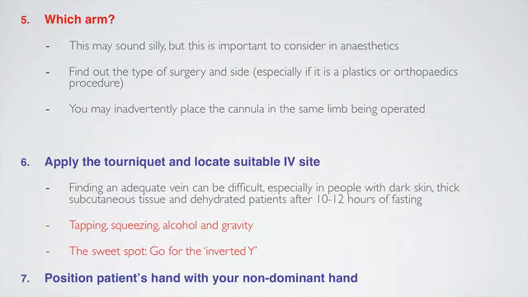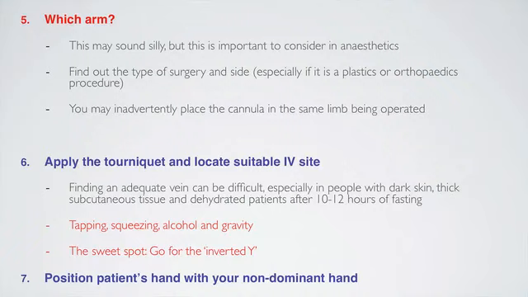So simple things that you can do to help you find a vein are tapping, squeezing, alcohol, and gravity. Tapping the vein sometimes helps you bring out the vein, and also asking the patient to squeeze their fist, making a fist might actually help block venous return and engorge some veins.